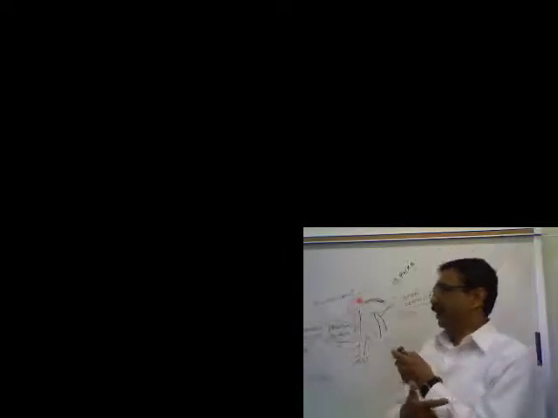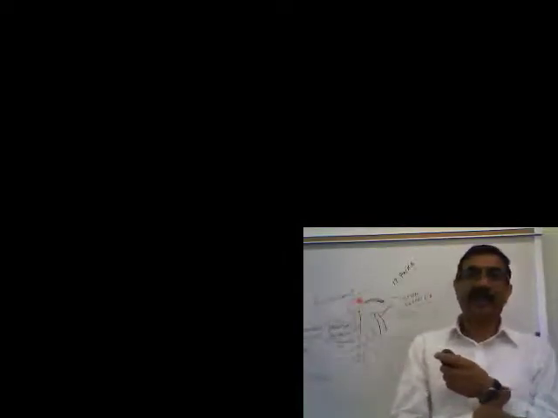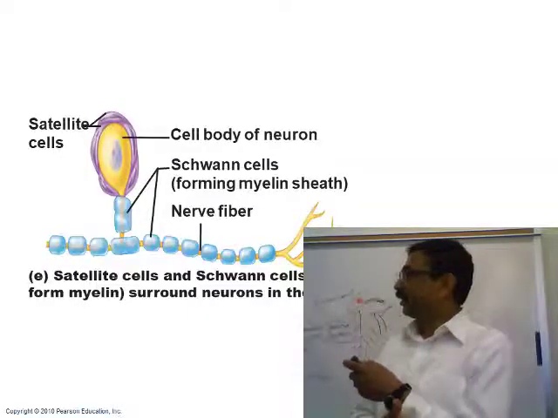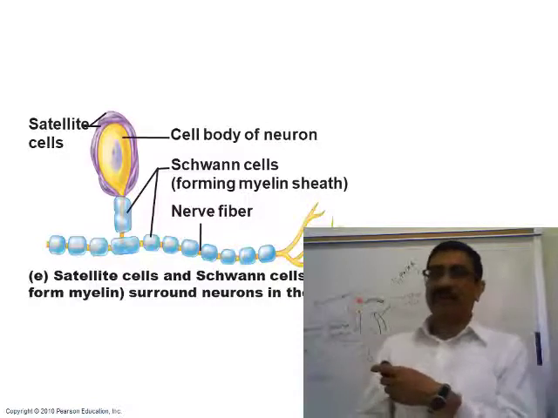We have to remember that, central nervous system. Now, in the peripheral nervous system, there are two types of neuroglial cells. They form insulation. Satellite cells form insulation around the cell body of the neuron. The yellow structure is the neuron.